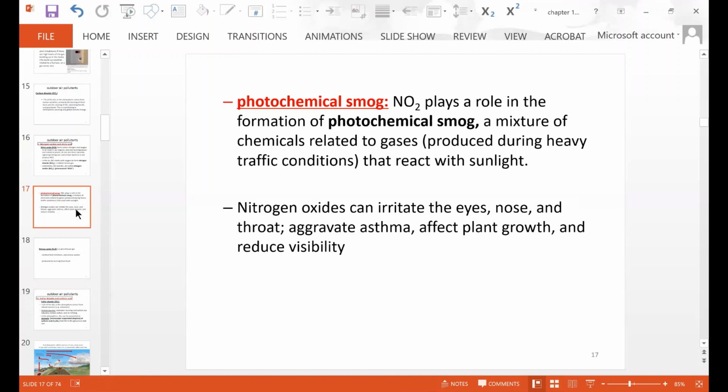So cars and trucks are releasing gases, and during heavy traffic, you have a lot of these gases emitted, and then they react with sunlight, and you have photochemical smog form. Nitrogen oxides can irritate the eyes, nose, and throat, aggravate asthma, affect plant growth, and reduce visibility.